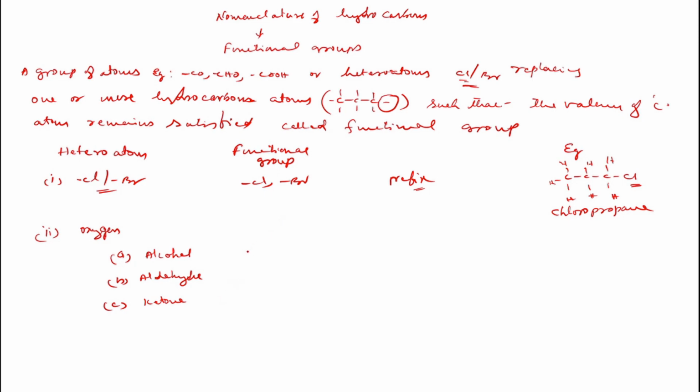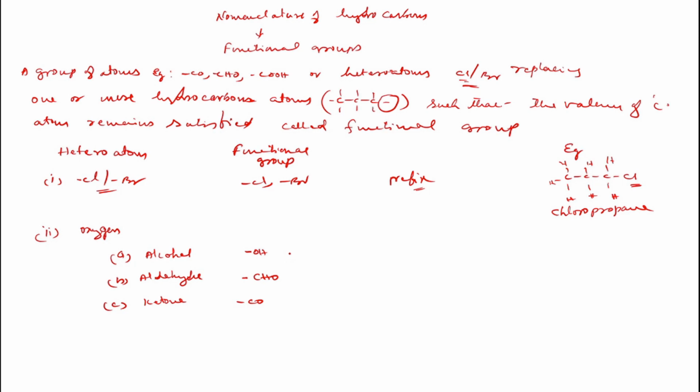In the alcohol group the functional group is OH. For aldehyde the functional group is CHO. For ketone it is CO.